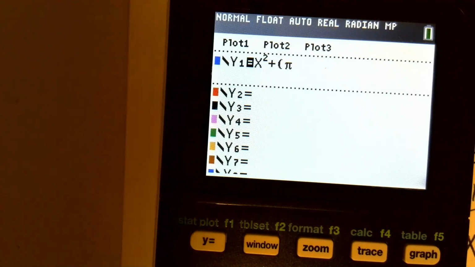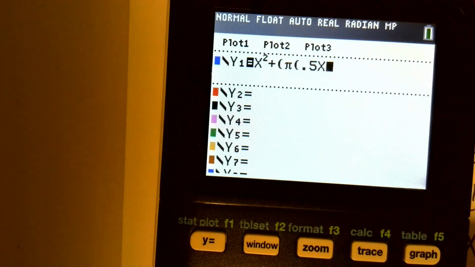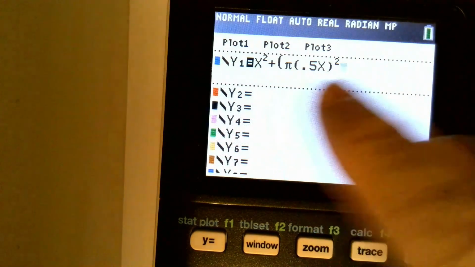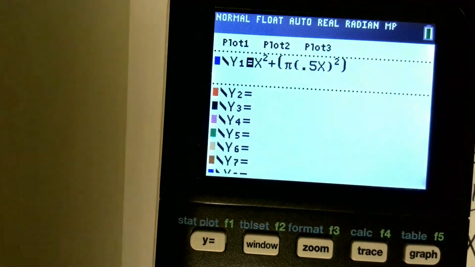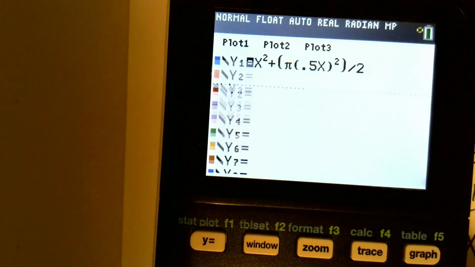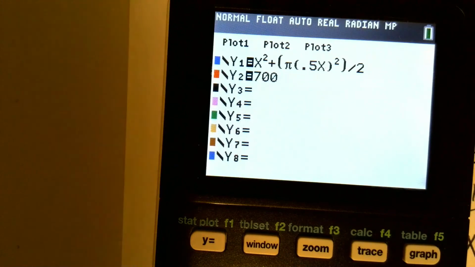Pi, which is the second function on your exponent key, times parentheses 0.5x, close parentheses, because only that part gets squared, not the pi. But everything needs to be divided by 2, so divided by 2. You have to be really careful about how you put stuff into the calculator. Down in y2, we have 700.